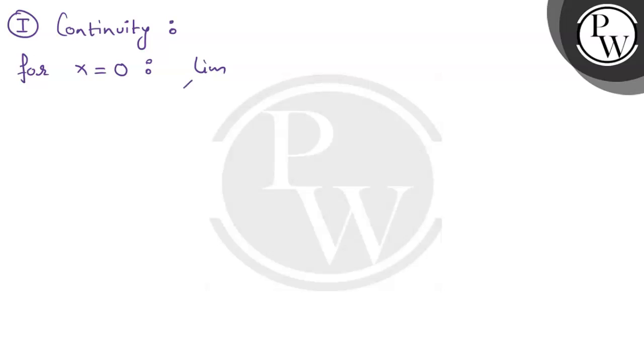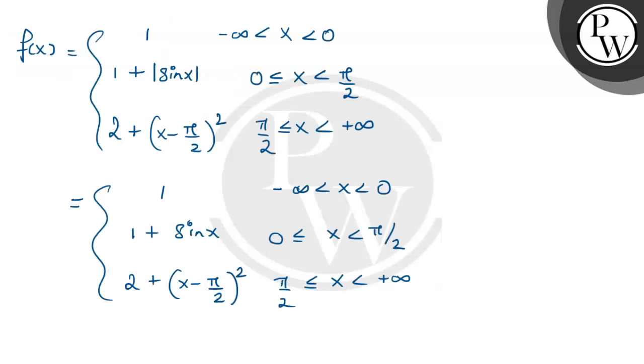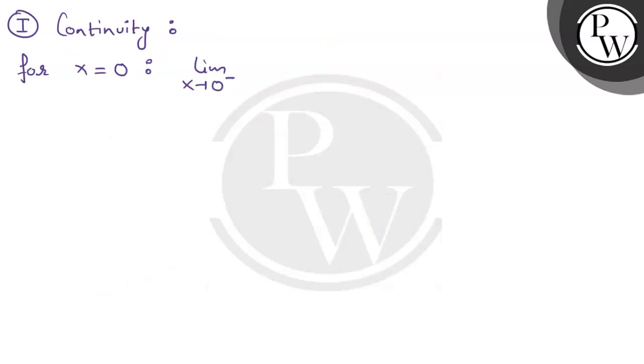Let's get the limit as x goes to 0 minus. अब 0 के लेफ्ट में फंक्शन डिफाइंड इज कांस्टेंट 1. सो यहाँ पर आ जाएगा लिमिट एज x गोज टू 0 माइनस ऑफ fx. क्या आ जाएगा? लिमिट एज x गोज टू 0 माइनस ऑफ द फंक्शन इज 1. लिमिट क्या आ जाएगा? 1.